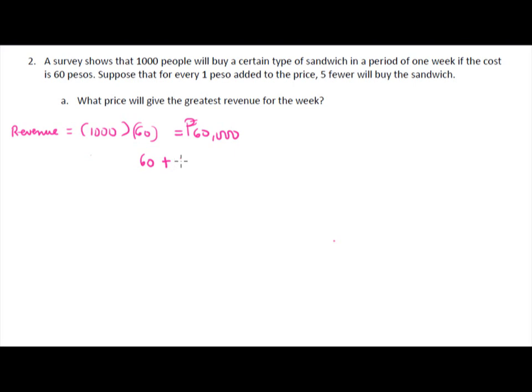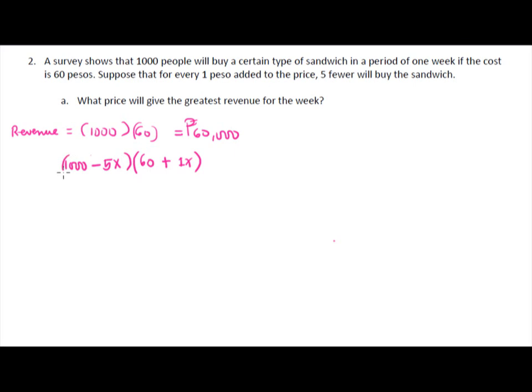So 1 peso times how many times you will add it, so 1x or simply x. What will happen to the number of people is that 5 fewer will buy the sandwich. So from 1,000, there will be 5 fewer for every peso that you add to the price.